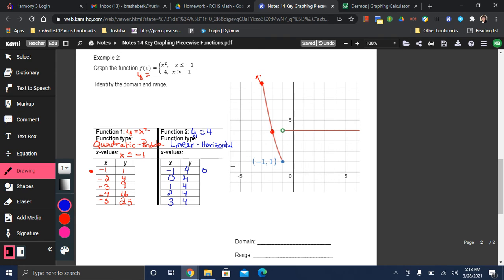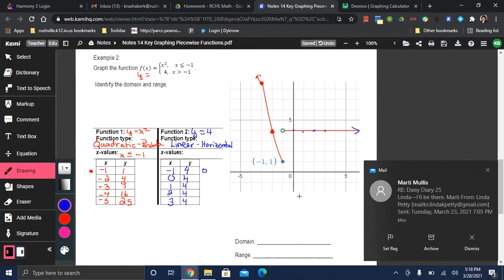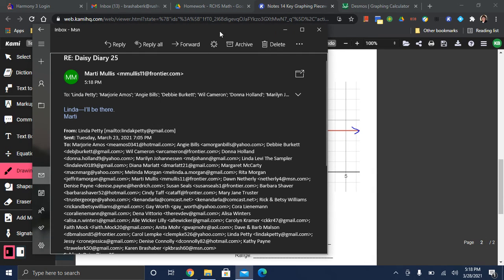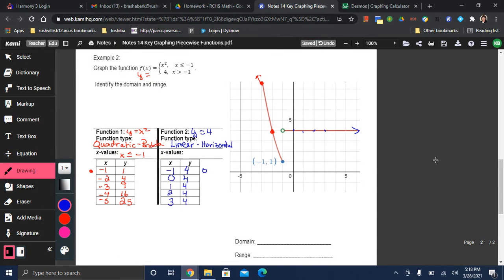And then all these other points, 0, 4, and 1, 4, and 2, 4, and 3, 4, should be on the graph. So this graph will continue on in this direction, and this would be our selection of a graph for this function.